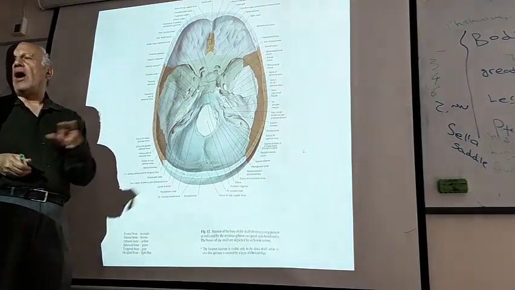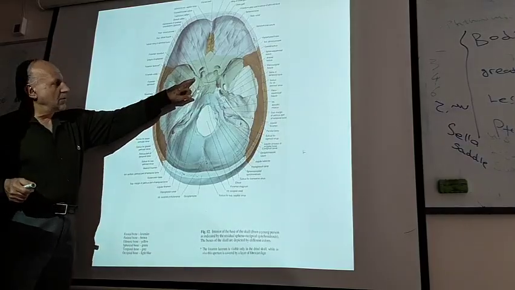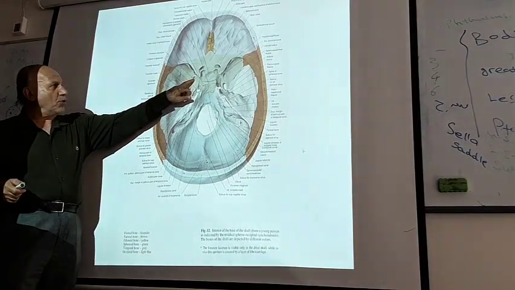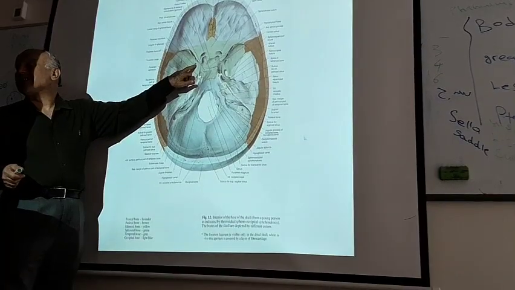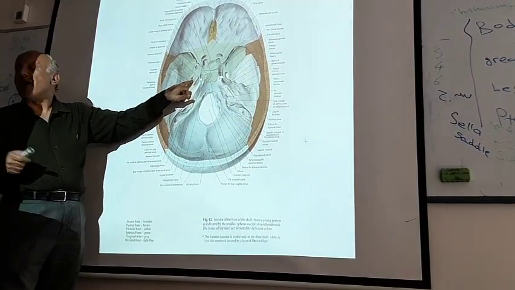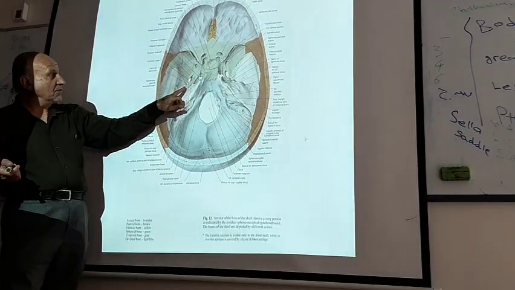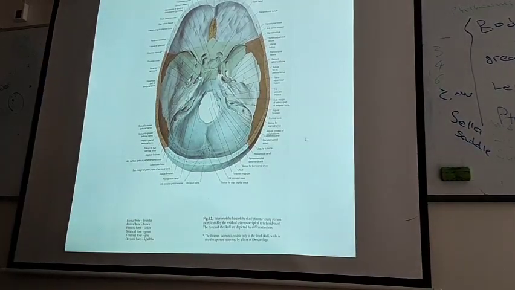The oval is base. From this foramen rotundum passes the maxillary nerve. From oval passes the mandibular nerve. And from spinosum passes the middle meningeal artery.